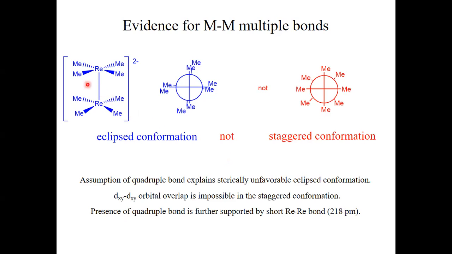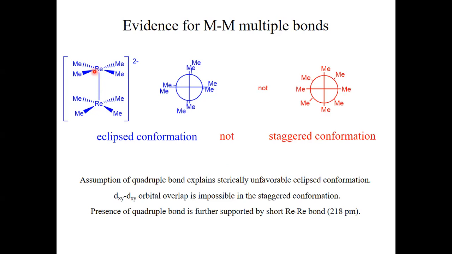We can also count the electrons again and determine if rhenium is here in a d4 electron configuration. You see that we have 8 methyl groups. They each formally have a 1- charge, which gives 8 negative charges. The complex has a 2 negative charge, so the rheniums must have 6 positive charges overall.